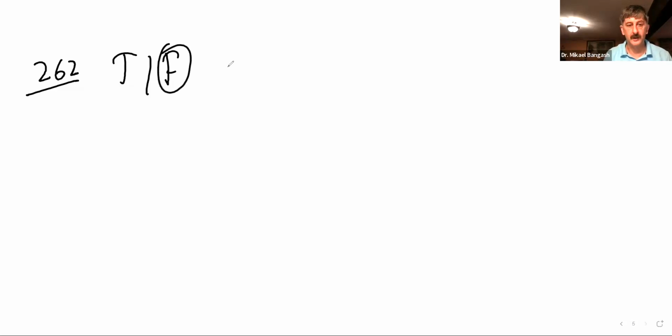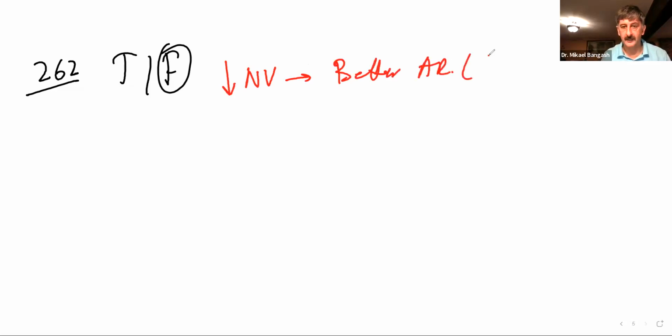Because we already know that if we have a lower numerical value, that lower numerical value will lead to better axial resolution, or in this case, the longitudinal resolution. So that's false.